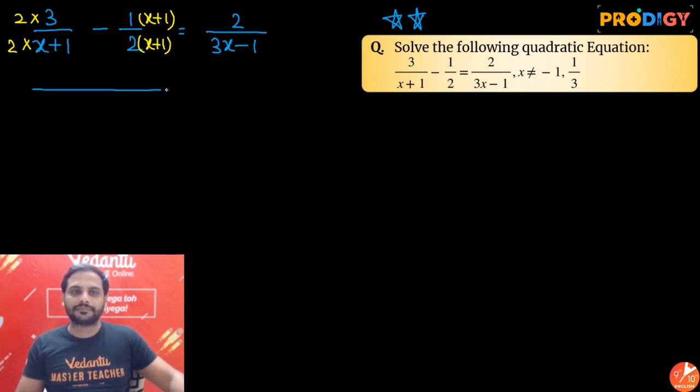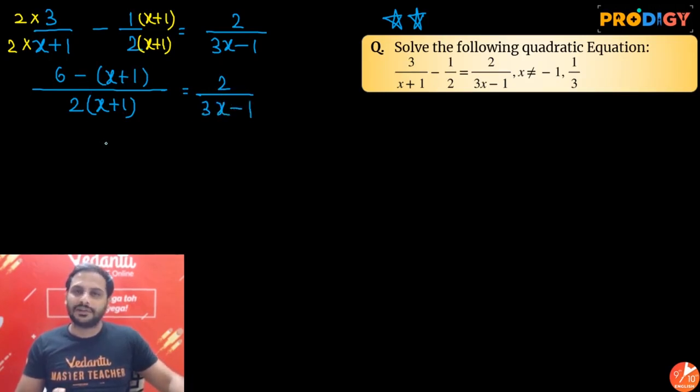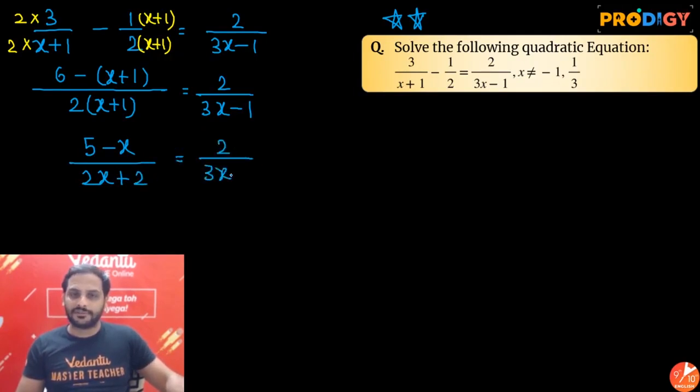So that is 2 into x plus 1. Here 2 into 3 is 6, minus of x plus 1 is equal to 2 upon 3x minus 1. So 6 minus x minus 1 will be, 6 minus 1 is 5. So 5 minus x divided by 2x plus 2 is equal to 2 upon 3x minus 1.